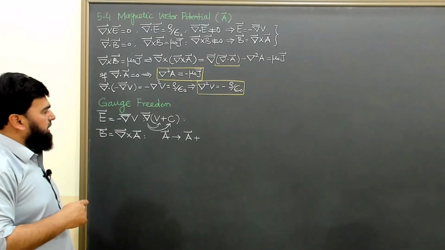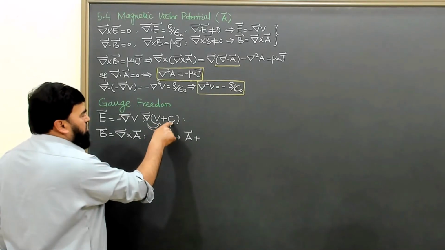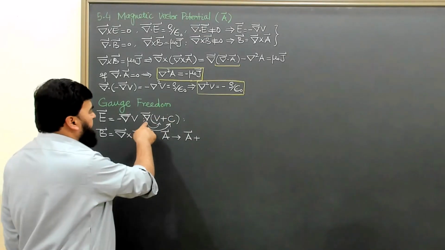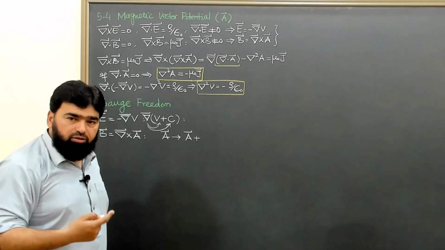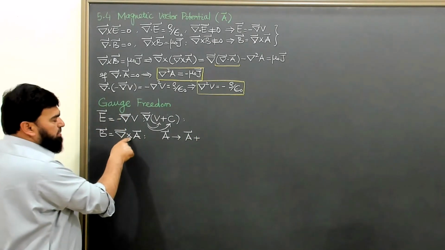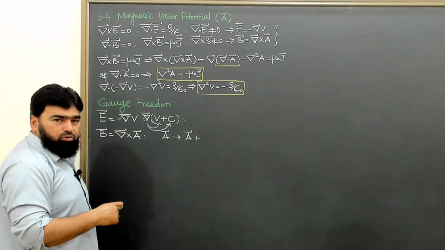Now how can I raise this thing up? Here a constant, and when gradient is applied on a constant, it gives 0. Now what should I write here so that when curl is applied on this one, it gives 0?